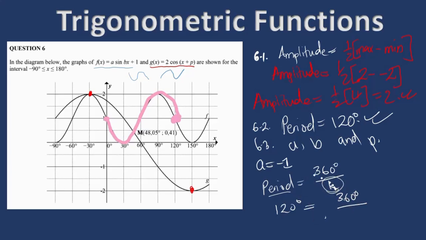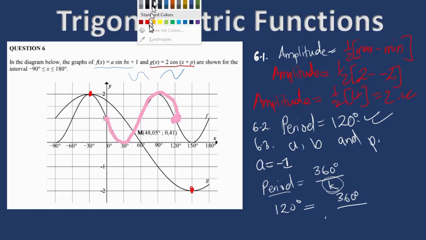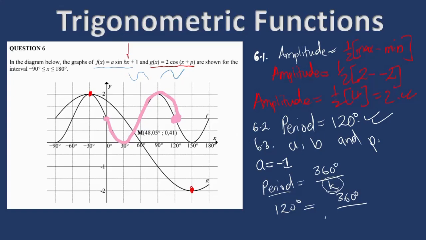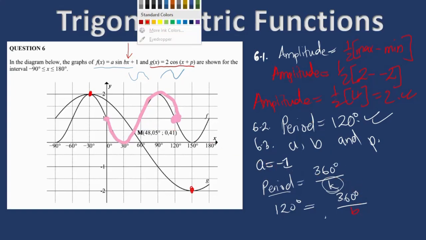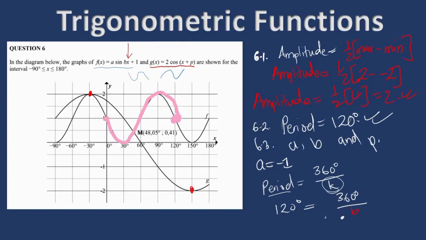What is our K value? Our K value is the coefficient of x in a sine graph, that is B. So I put B there, right? Now I want to solve for B. I'll multiply this side by B, and this side by B. So I have B times 120 degrees equals 360 degrees.